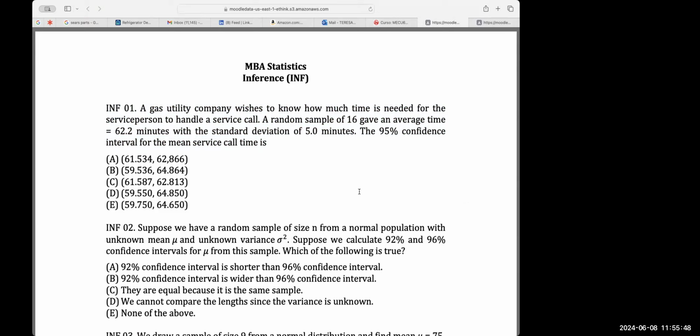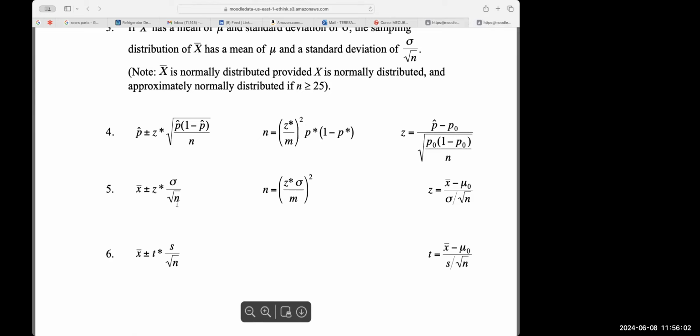Come on, come on. 4, 5, or 6. Okay, keep going. You're 20 there. I expect to see at least 10. Keep going. This is a very important exercise to be able to identify which is the appropriate formula.